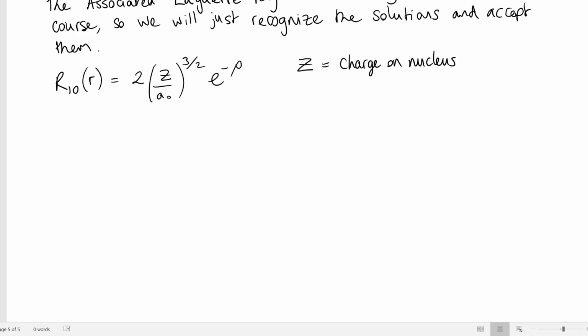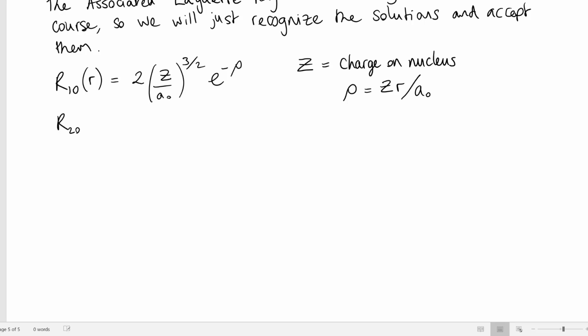We'll recognize that these solutions are applicable to many hydrogen-like atoms. These hydrogen-like atoms may have more protons in the nucleus, but they always have one electron. We're also going to recognize that this term rho in here is equal to Z times r over a0.